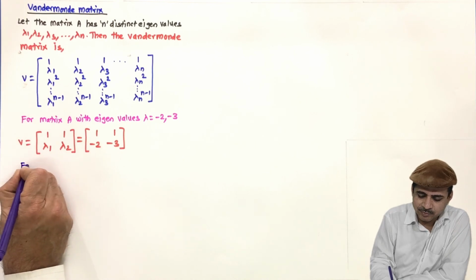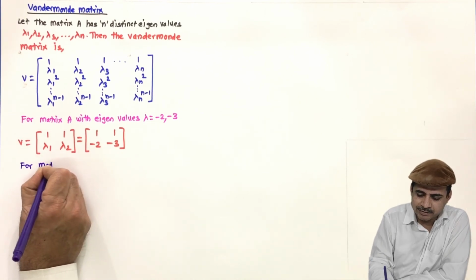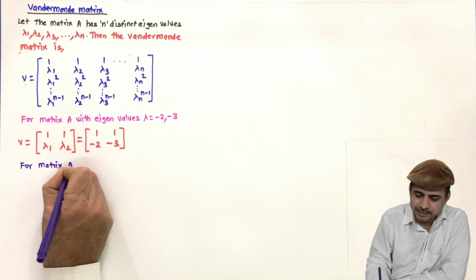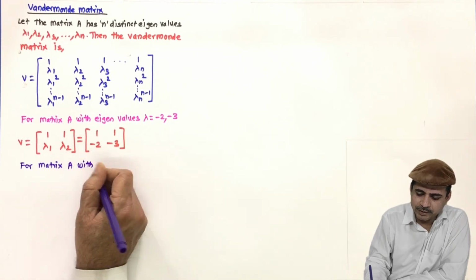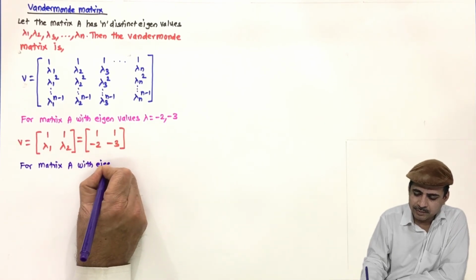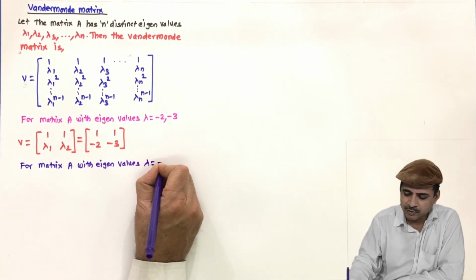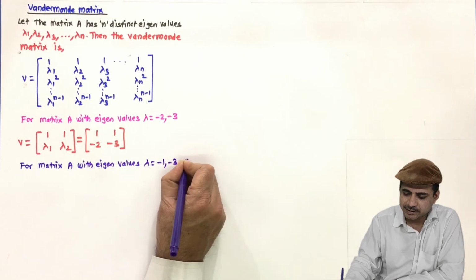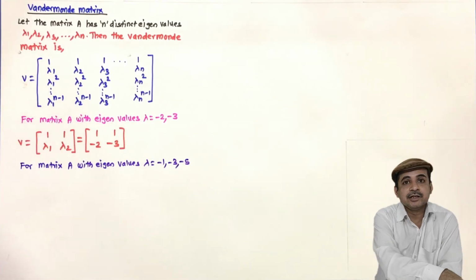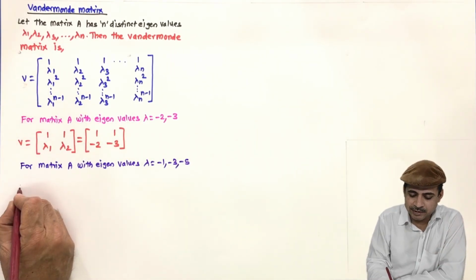Now let us consider another, 3 by 3. Say for matrix A with eigenvalues, say lambda equal to -1 -3 -5. Let there be the 3 eigenvalues, and then what is the Vandermonde matrix?